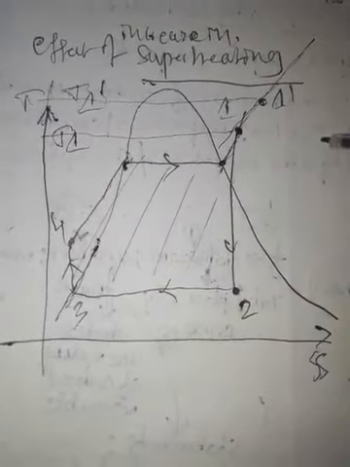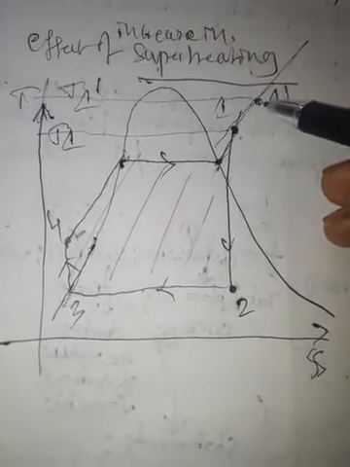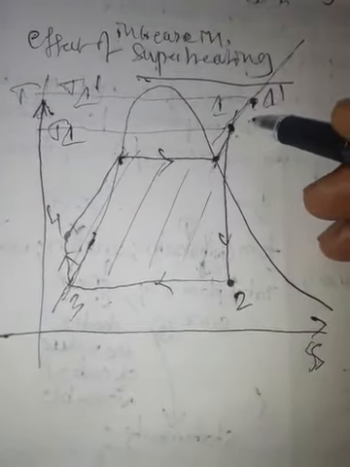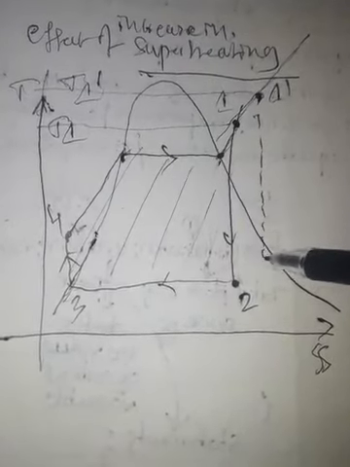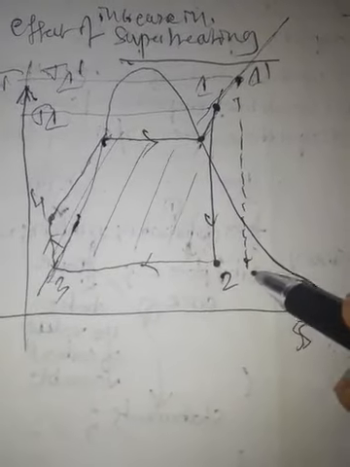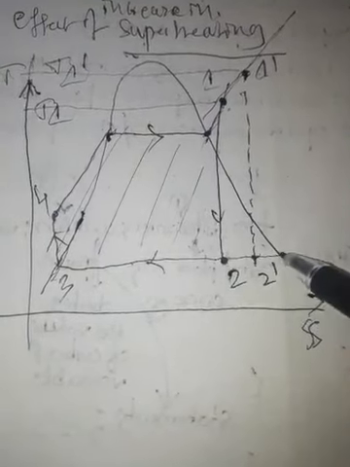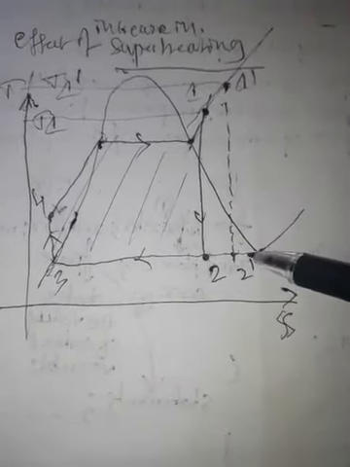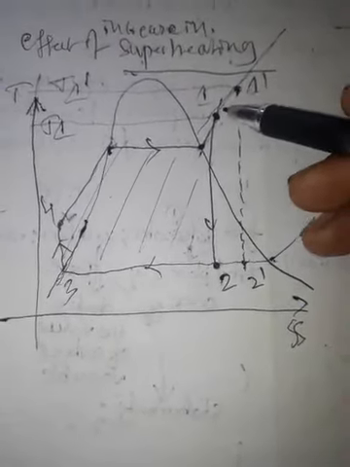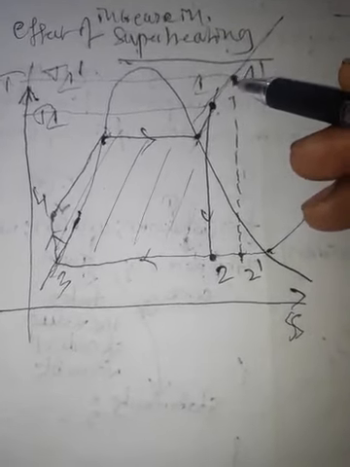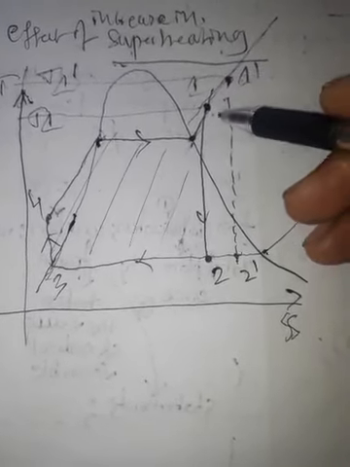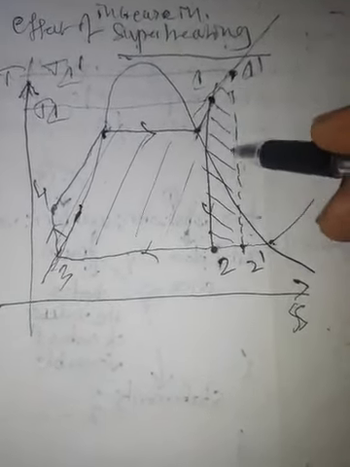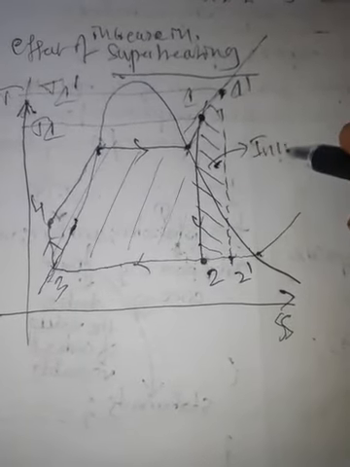If I increase this, then what happens? 1 dash to 2 dash, that is isentropic expansion happens in the steam turbine. So this is 2 dash. This is the condenser pressure line. Now if you observe, because of increase in superheating, there is an increase of this much net work. So this is the increase in net work.